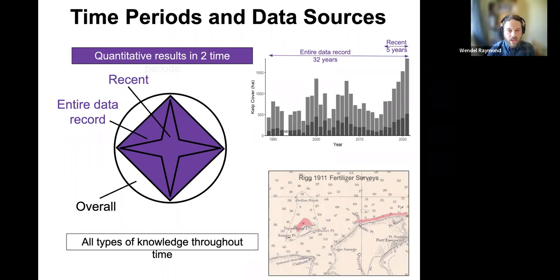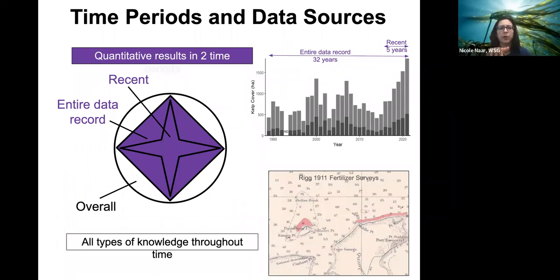But that's just the last 32, 33 years, which isn't a really long time from an ecological perspective, especially for a species that has quite a bit of year-to-year variability. So we can consider other types of data that we have. In this example, we have maps from fertilizer surveys in 1911, shown in the lower right, that suggest stability, but also some losses in the far eastern portion of this subbasin.